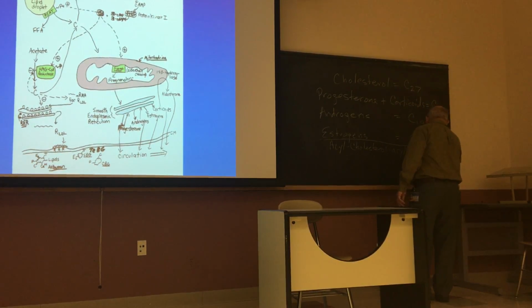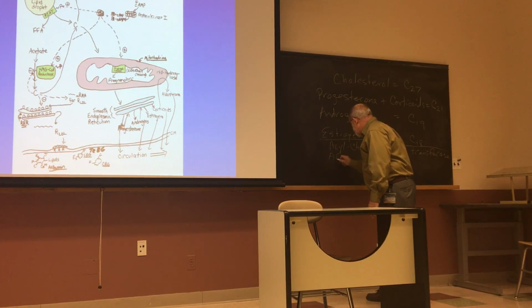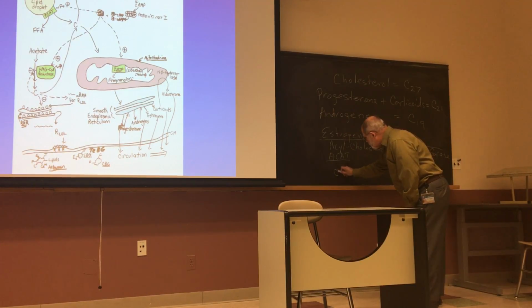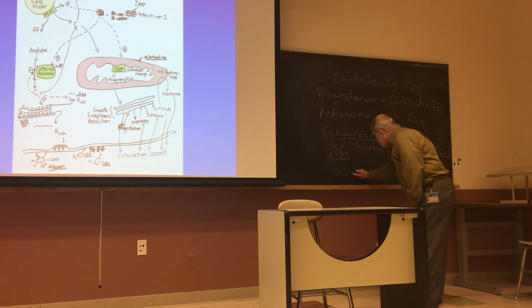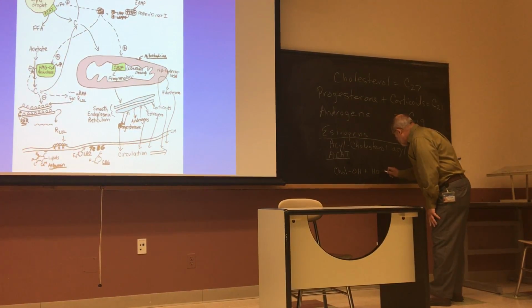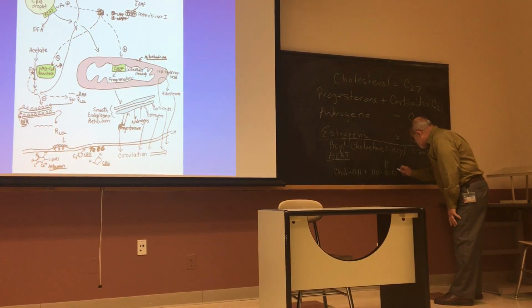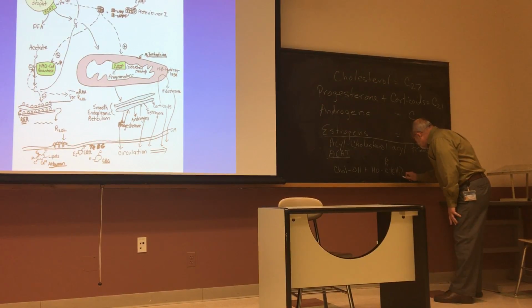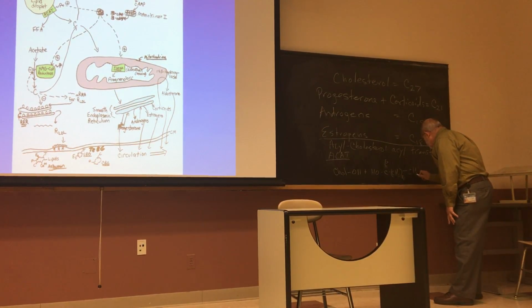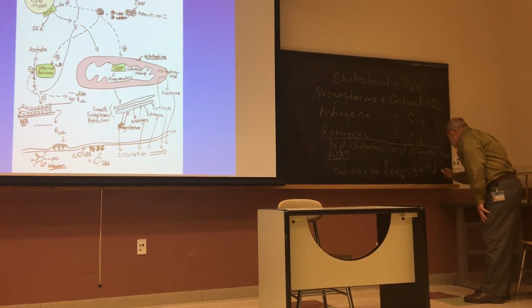Acyltransferase. ACAT. And what ACAT does is it takes cholesterol, which has an OH on it, and it couples it to a long chain fatty acid, to get a cholesterol ester.